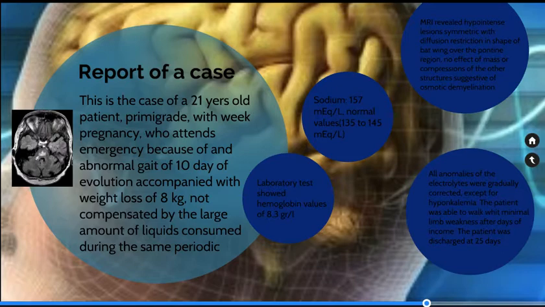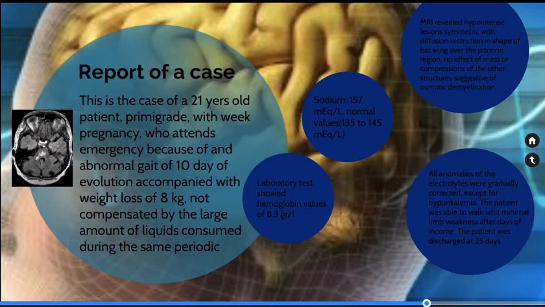Laboratory tests show hemoglobin of 8.3 grams per liter, sodium 157 milliequivalents per liter. Normal values are 135 to 145 milliequivalents per liter.